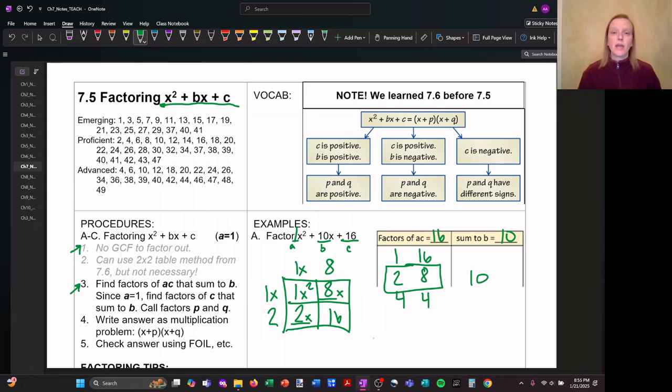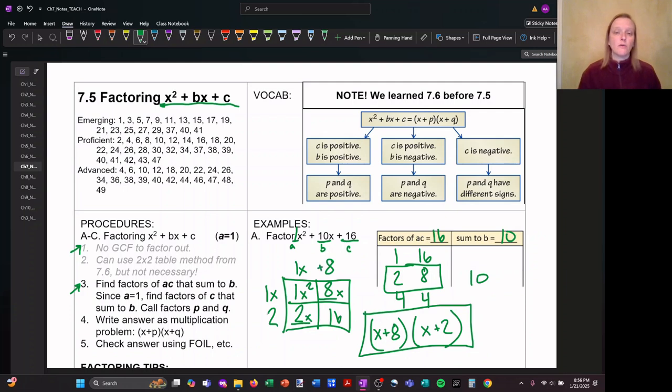So look at my multiplication problem. My factored form is x plus 8 times x plus 2. Remember, we don't write the 1 coefficient in our final answer. So this is the correct form.